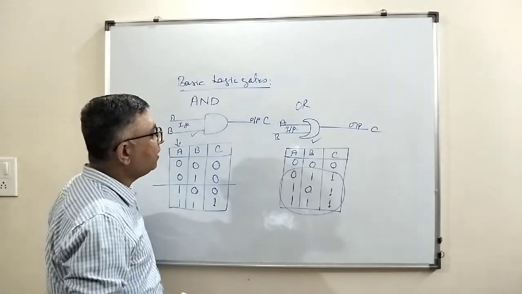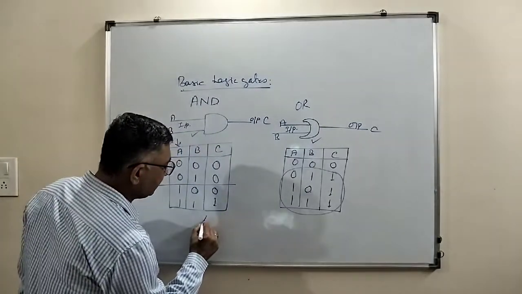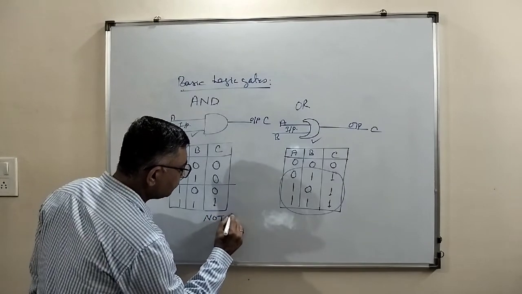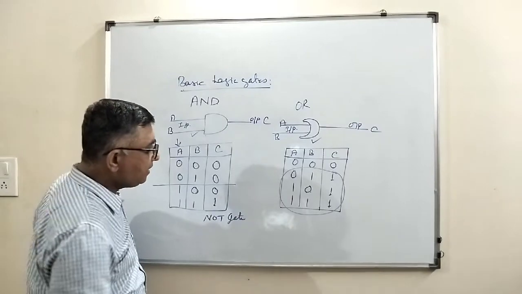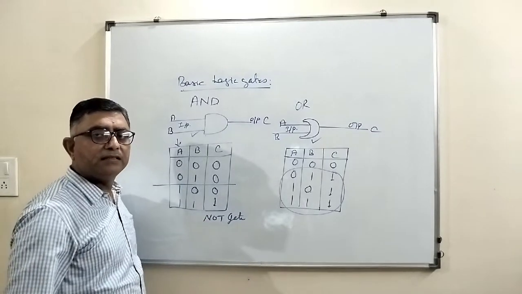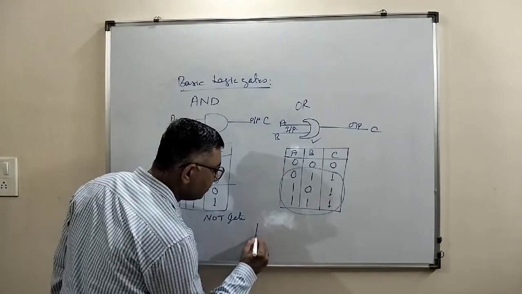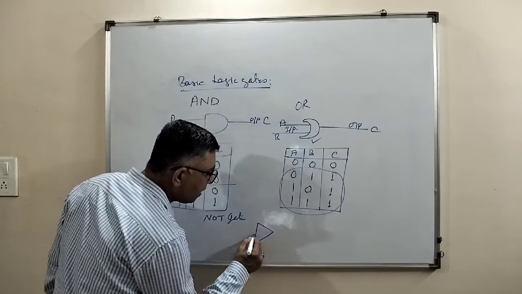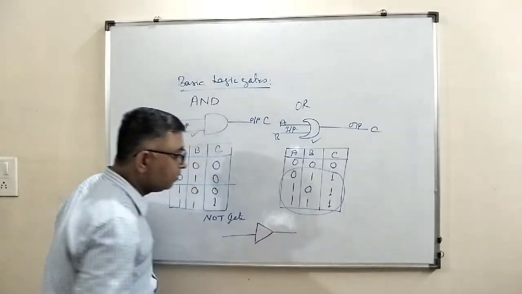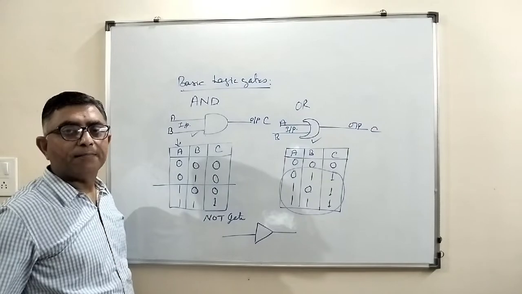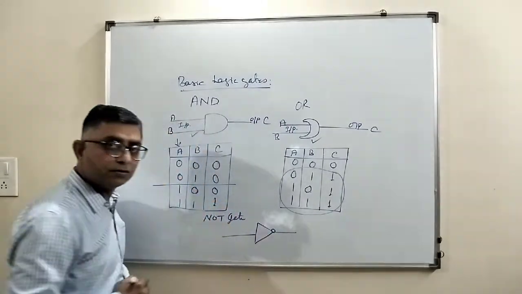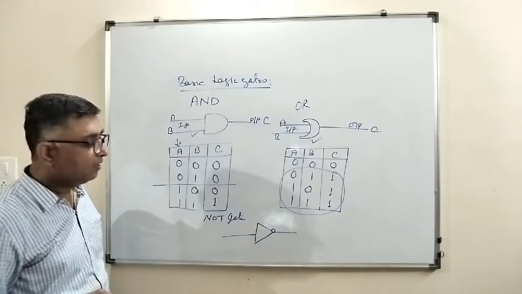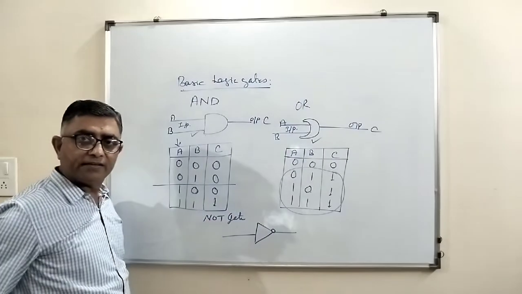Okay? The third gate is NOT gate. This is basically just to generate the complement. I am sure you are familiar with this. This is known as a buffer type of device. So if we use the invert option in this, then this is called NOT gate.